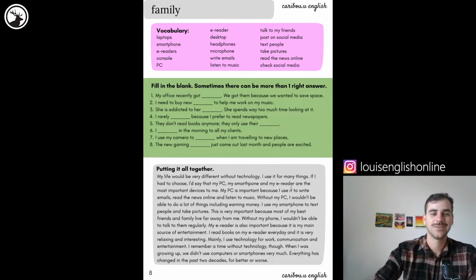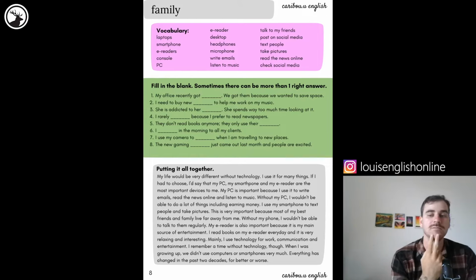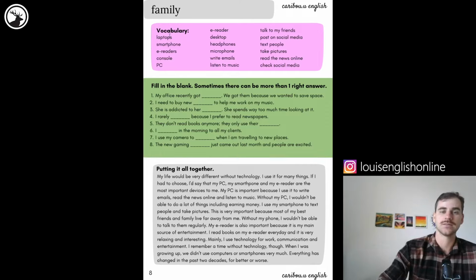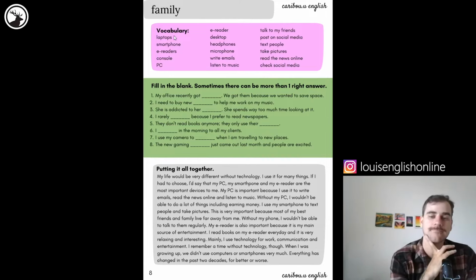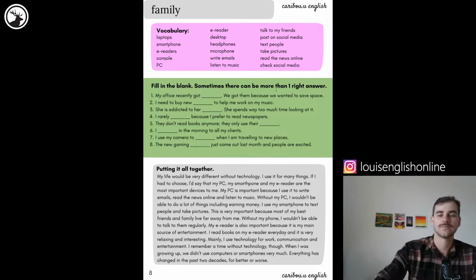All right, fill in the blank. My office recently bought new ___, we got them because we wanted to save space. So number 1 is laptops. 2, I need to buy new ___ to help me work on my music.